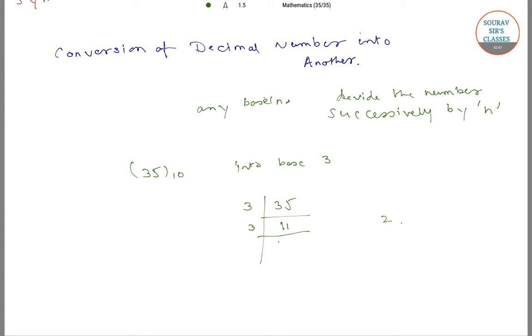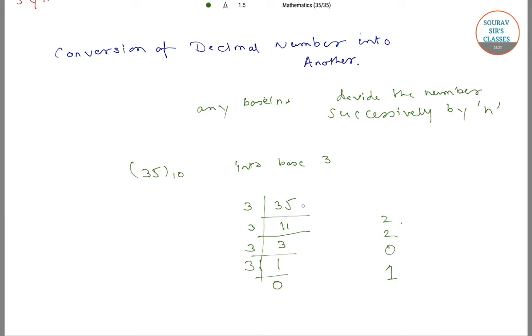The quotient would be 3 and remainder would be 2. Then we will divide 3 by 3. The quotient would be 1 and the remainder would be 0. Then we will divide 1 by 3. The quotient would be 0 and remainder would be 1.